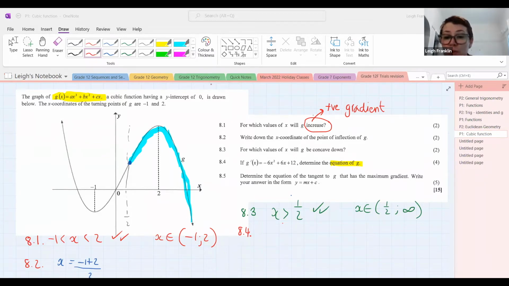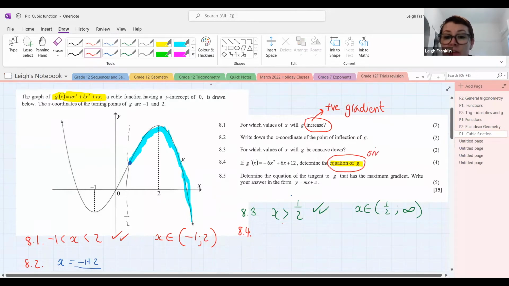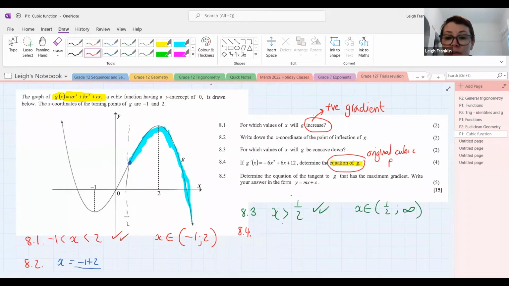When they refer to the equation of g, they're talking about the original cubic function. So in other words, they want this a here and that b there and that c there. That's what they want from us. What they've given us is the derivative. So we would say, okay, fine.